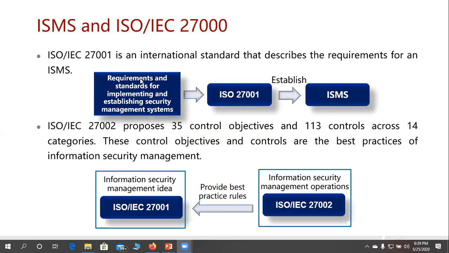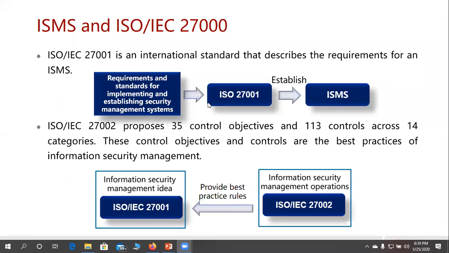how can your organization implement the ISMS? Before implementing the ISMS, your organization has to know about the requirements and standards for implementing and establishing a security management system. Okay? And these requirements are in ISO 27001 for you to implement the ISMS.